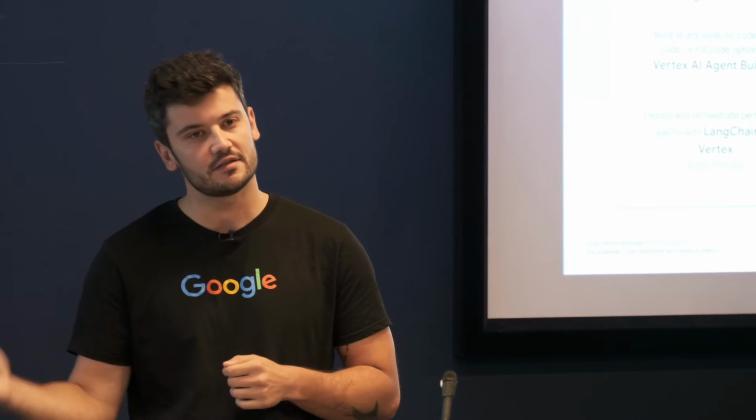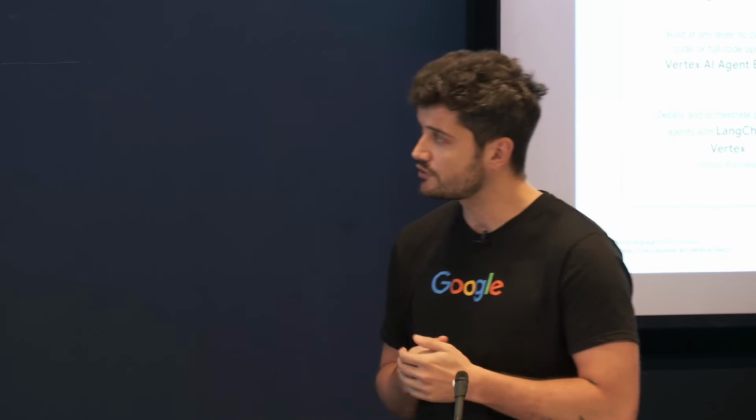Grounding with Google Search is just a box that you tick, and then it's going to look on Google Search to understand if what it's saying is actually correct. So this is an amazing, very easy tool to use just to make sure your LLM is not hallucinating.